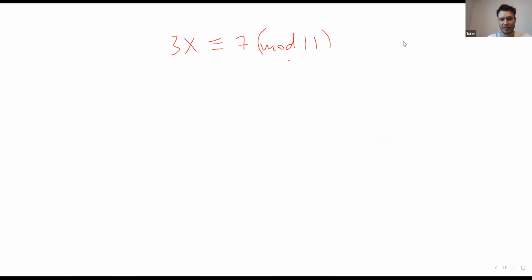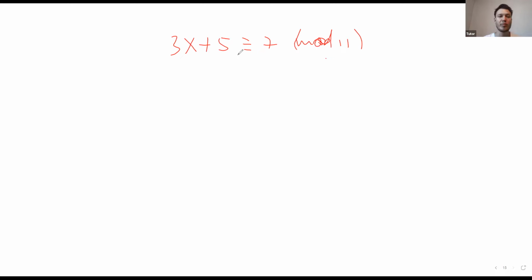Actually, let's make it more complex. Let's say 3x plus 5 is congruent with 7 mod 11. So now we want to figure out what x I should use so that when I multiply by 3 and add 5, I get 7 mod 11.